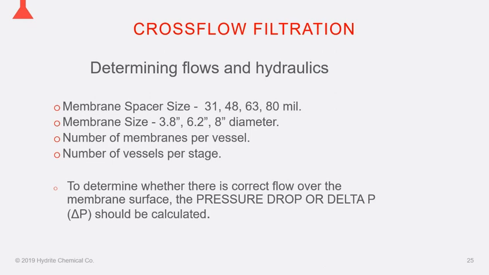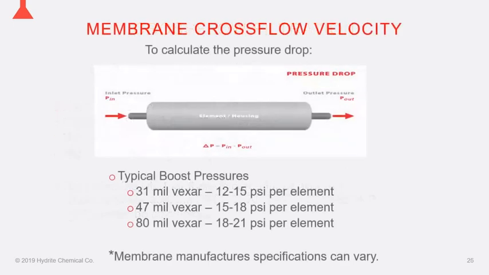The final discussion here is determining the cross flows and the hydraulics, really understanding what that feed spacer is, knowing what the membrane size is, knowing the number of membranes per vessel, and the number of vessels per stage. We need to know those, and that's again a Tetra Pak design.